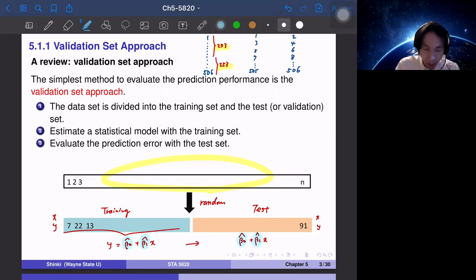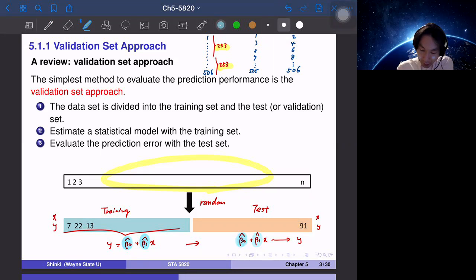Then we use the test set to evaluate the performance. So we explain why. If you estimate with the training set, then of course these parameters are good for the training data. So it's not really a prediction, we are just fitting the model. But to evaluate prediction performance, we have to use a new data set, that is the test set.